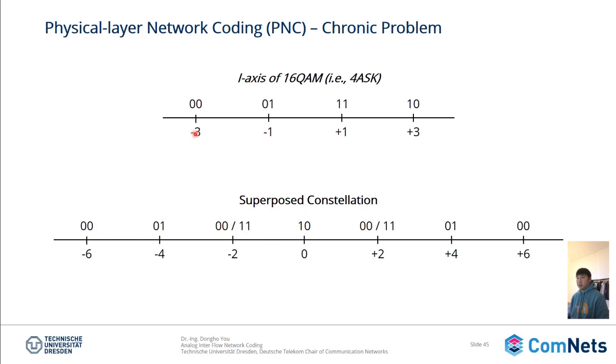-3 and -3 is -6, right? And -3 and -1 is -4. And -3 and +1 is -2, right?